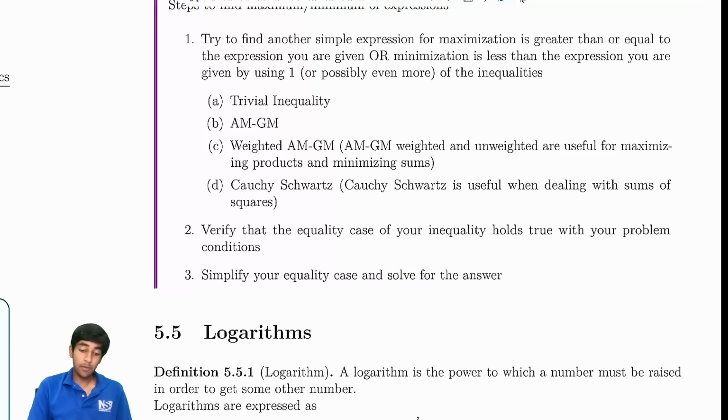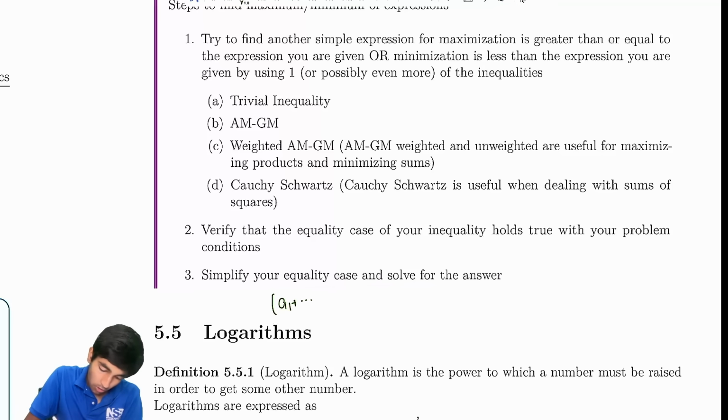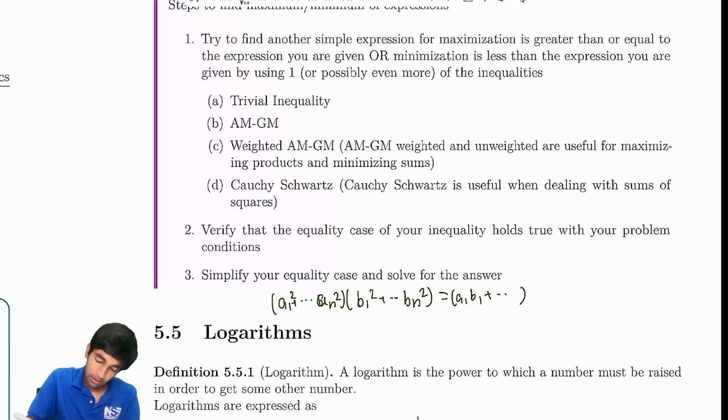So let's say we're given something like this. Let's say you're given that a1 squared plus all the way till an squared, times b1 squared all the way till bn squared, is equal to a1 b1 plus so on, squared. Take a look. This is the equality case of Cauchy.